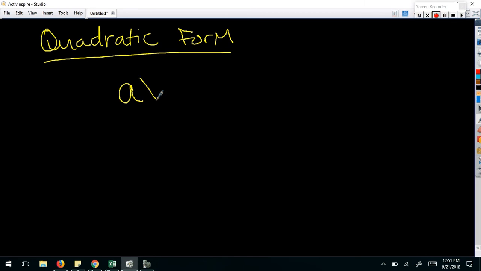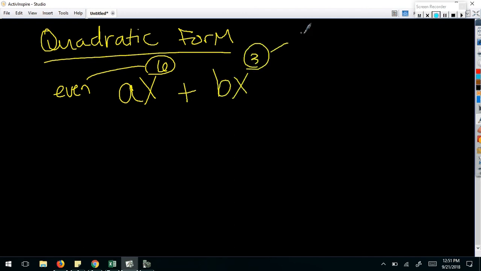Here, the exponent that you start with can be any even number, but the middle exponent has to be half of the first exponent. And then I just have a constant on the end. That's what it means to be quadratic form.